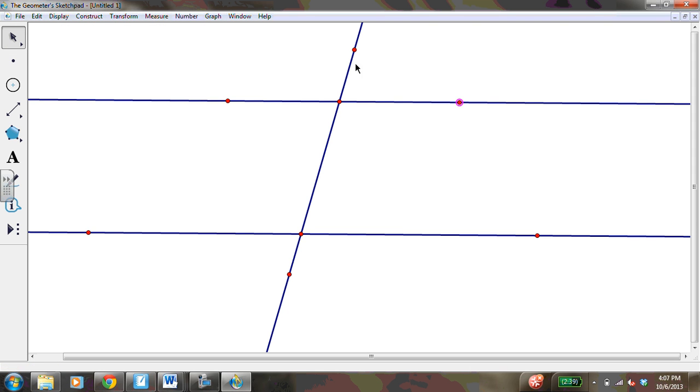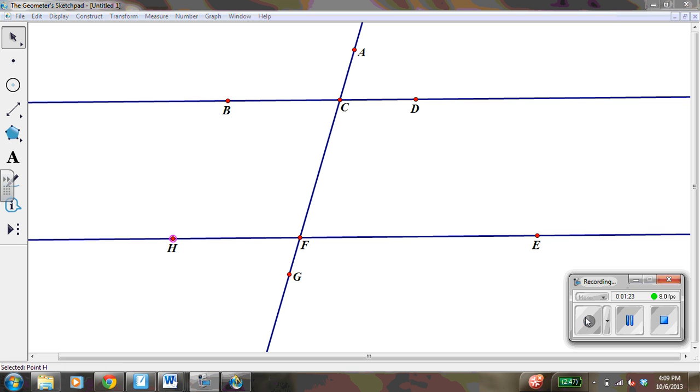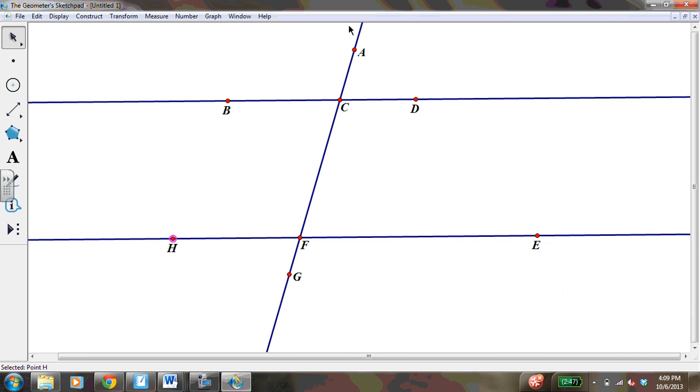So I will go through and give all of my angles a name, or my points a name. Now that all of my points are labeled, I can go through and measure the angles and see if I can determine the different properties.